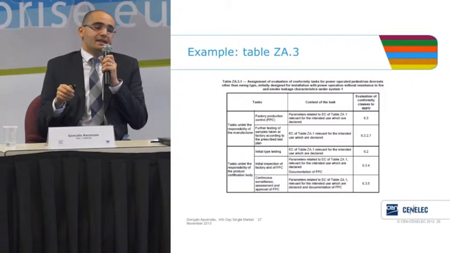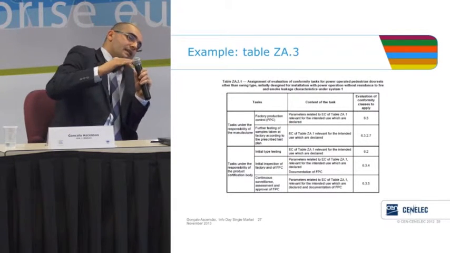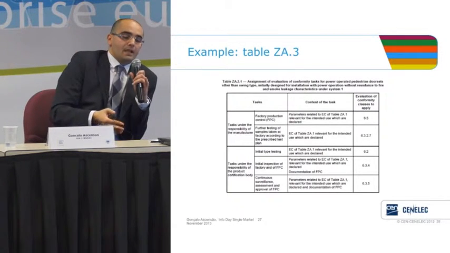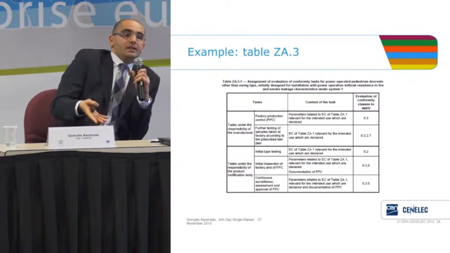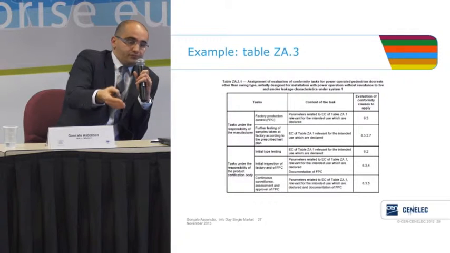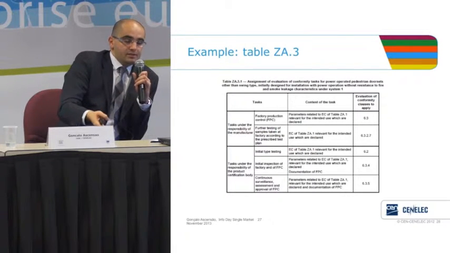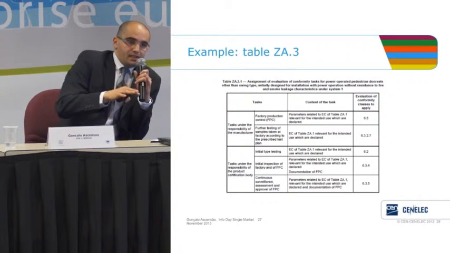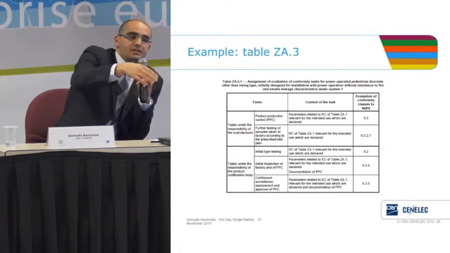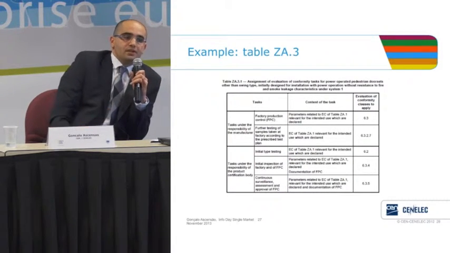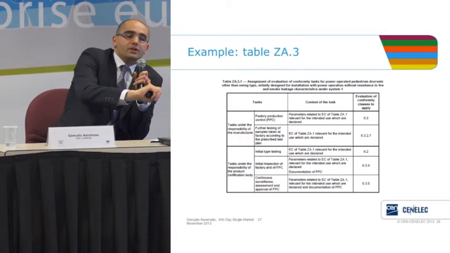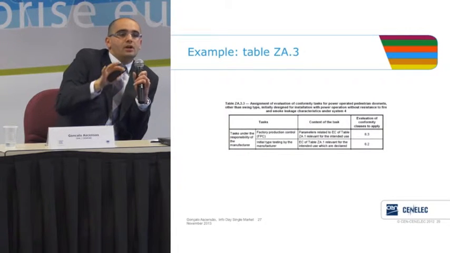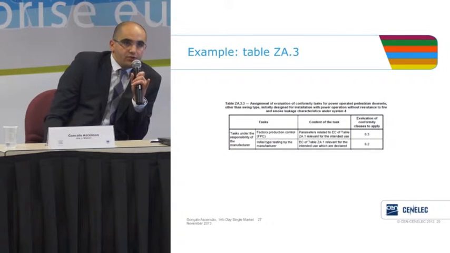Now, what Annex ZA also includes is table ZA3, where there is a distinction between the tasks on the assessment and verification of constancy of performance that are responsibility of a notified body, if there is intervention, and which are the tasks that are only responsibility of the manufacturer. In this case, system 1, you can see FPC and further testing are manufacturer. For a notified body, we have initial type testing, initial inspection. You can see another example. For system 4, there are only tasks for the manufacturer.